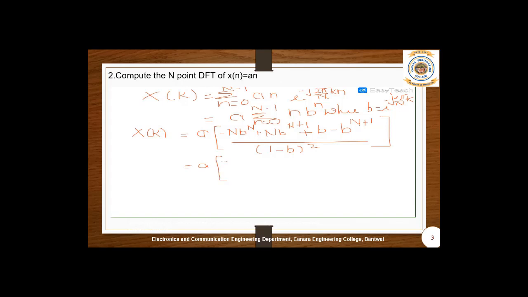I have minus N e to the power minus j 2 pi by N k into N plus N e to the power minus j 2 pi by N into k N plus 1 plus e to the power minus j 2 pi by N into k minus e to the power minus j 2 pi by N k N plus 1, divided by 1 minus e to the power minus j 2 pi by N k whole square.